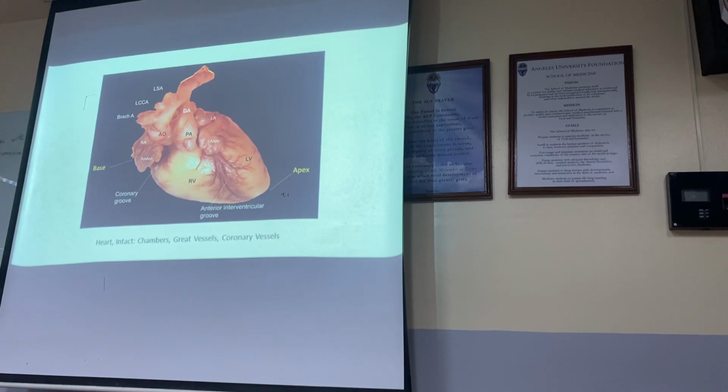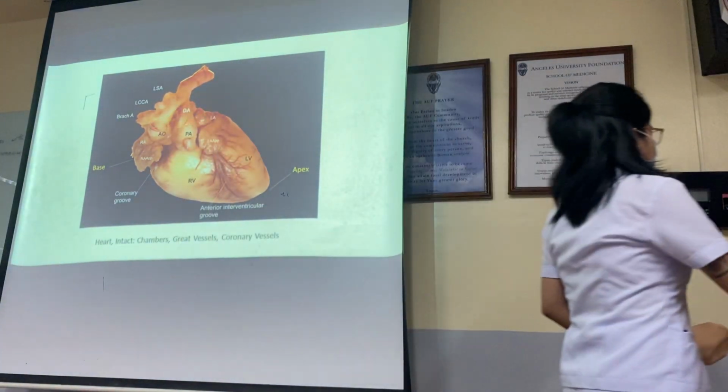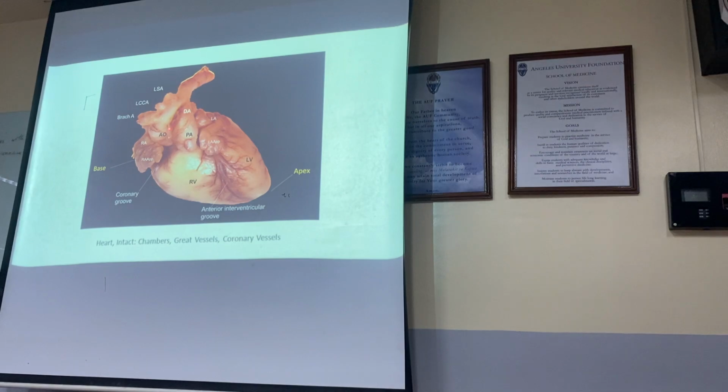I may give the great vessels on the heart. Number 1 is your pulmonary trunk or arteries, PA. Then aorta. You can see the pulmonary arteries directly arise from the right ventricle. And then it passes below, but I think most of our heart specimens will have only the proximal portions of this, right?